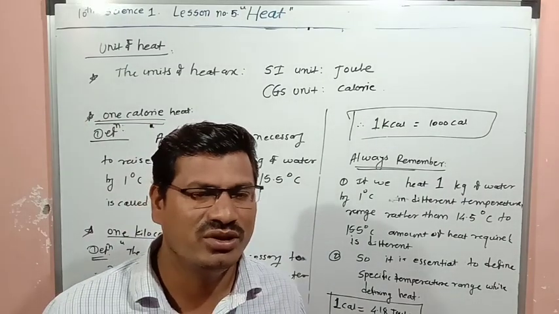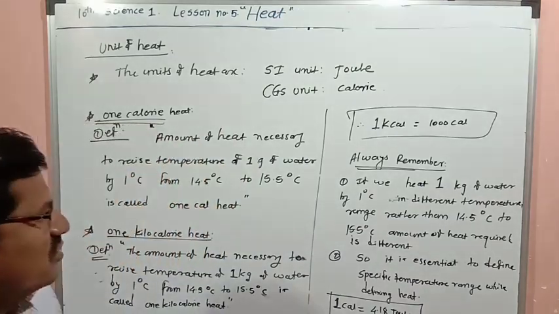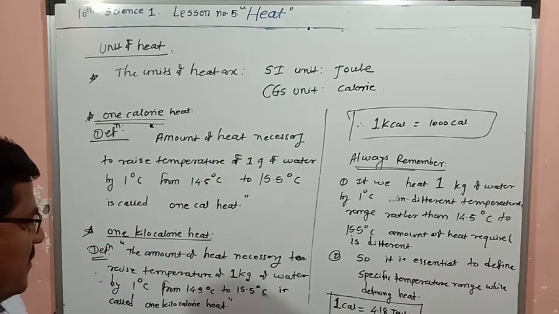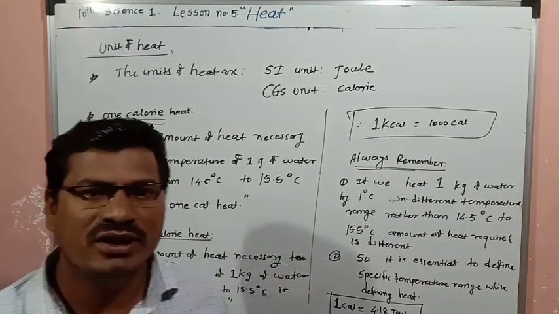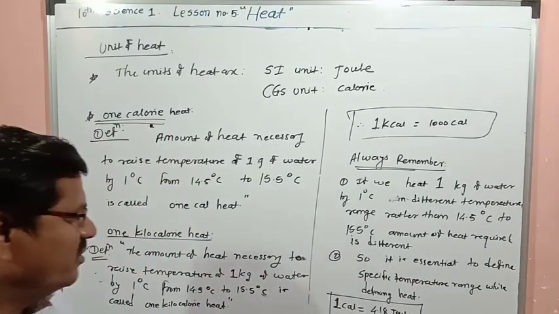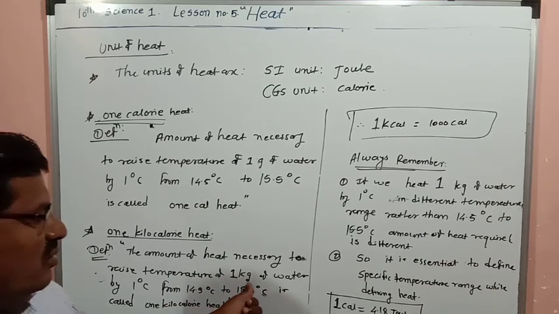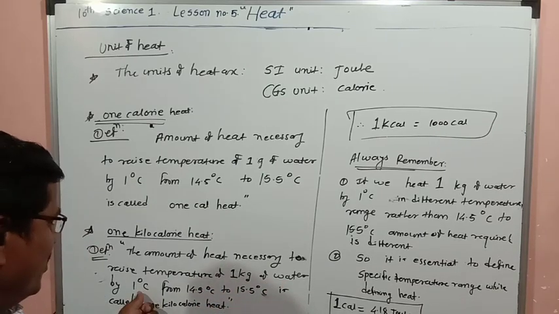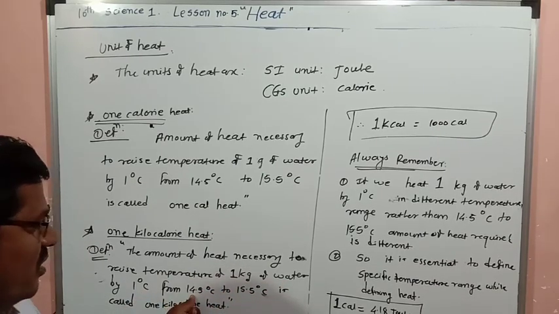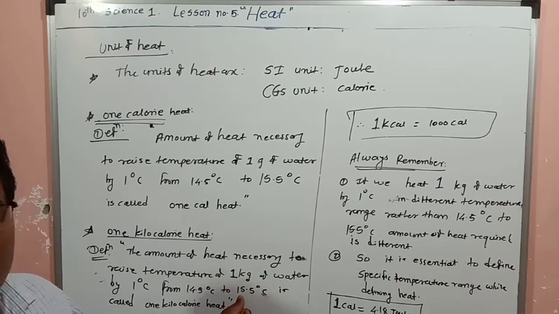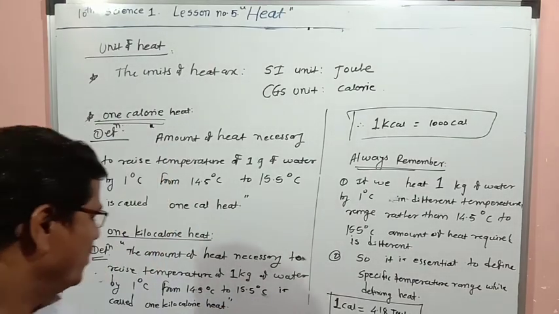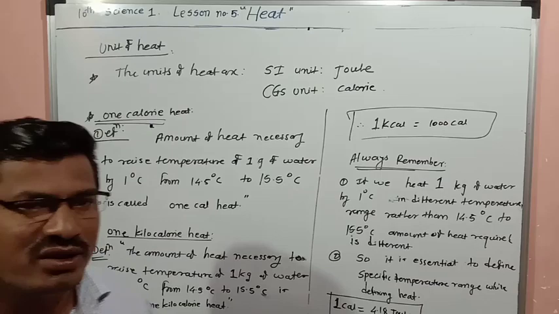The amount of heat energy necessary to raise the temperature of 1 kilogram of water by 1 degree Celsius from 14.5 to 15.5 degrees Celsius is called 1 kilocalorie heat.